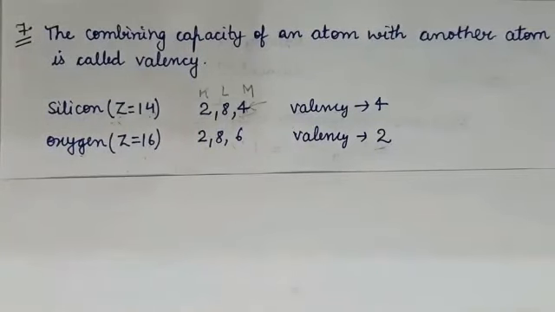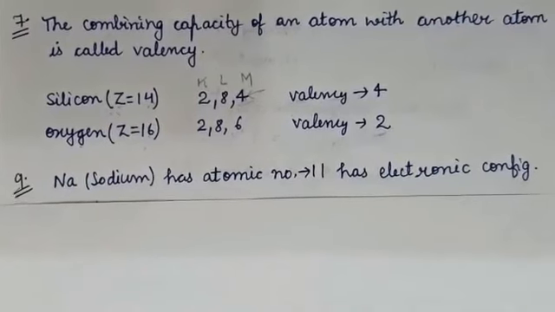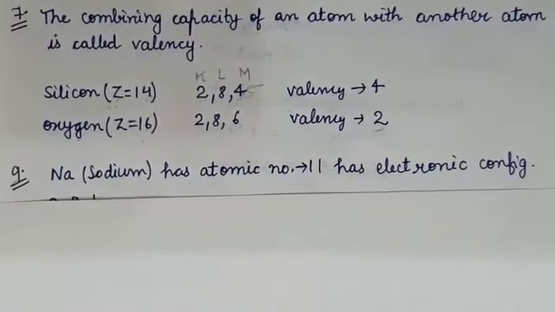Question number 9 is, sodium ion has completely filled K and L shells. Explain. So what is the atomic number of sodium? 11.